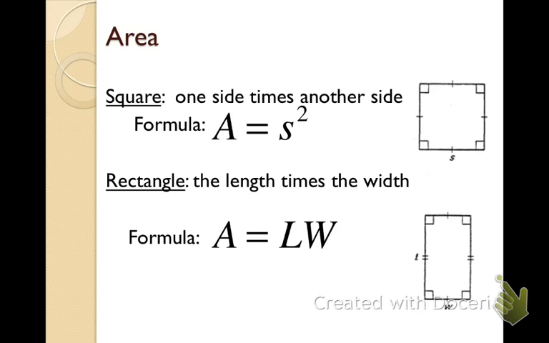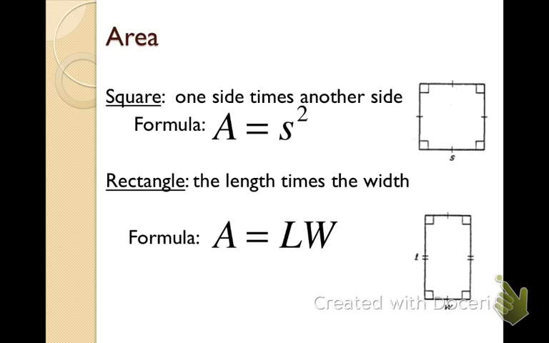If I'm finding the area of a square, I just take one side length times another side length, because all the side lengths are the same. Well, an easy way to say that is A equals S squared, because S squared means S times S. To find the area of a rectangle, you take the length times the width.